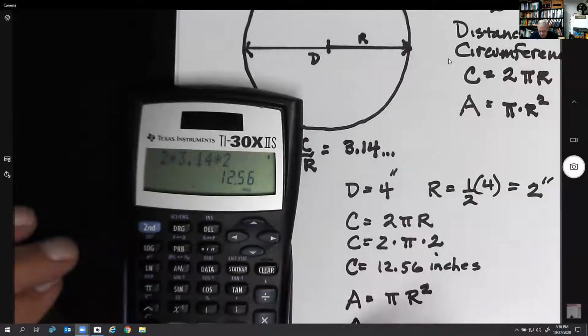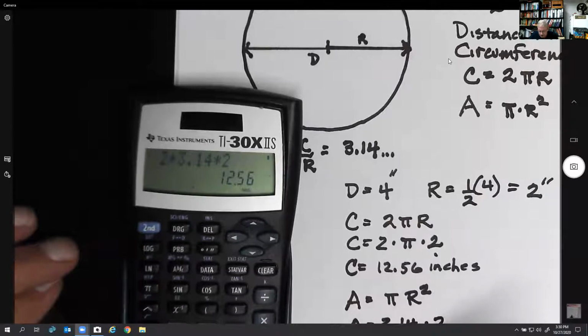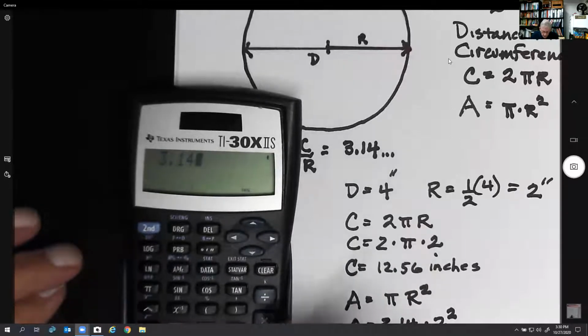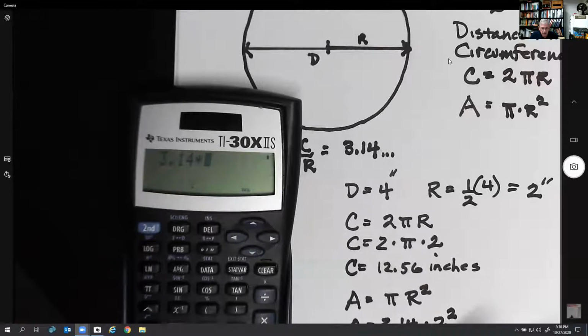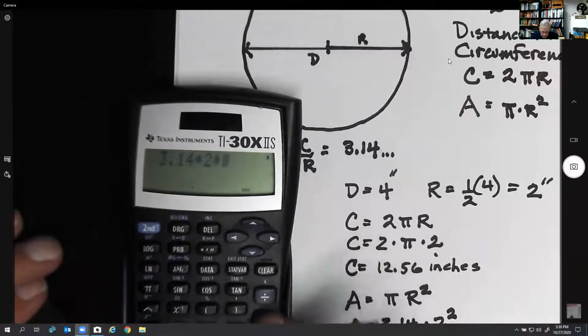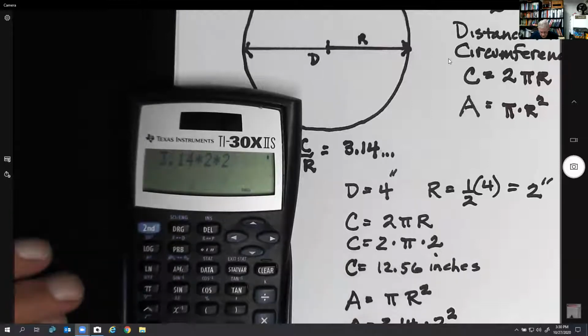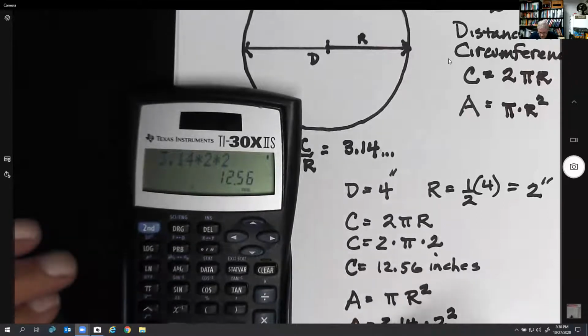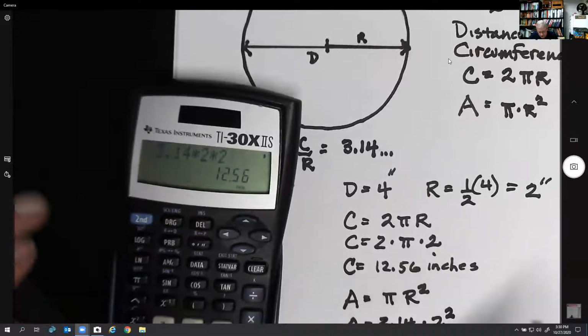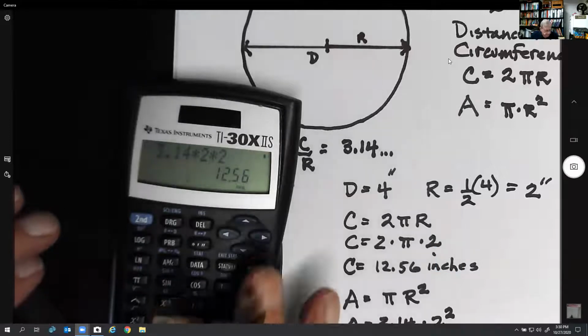So the area would be 3.14 times 2 squared, which could be 2 times 2. So that would be 12.56. This is a coincidence that they both came out the same. That normally won't happen. But this would be inches squared.